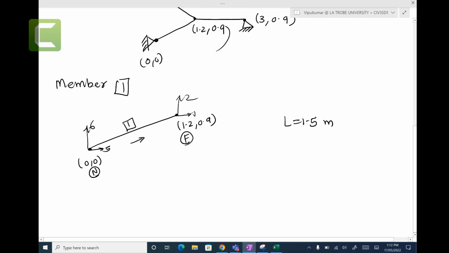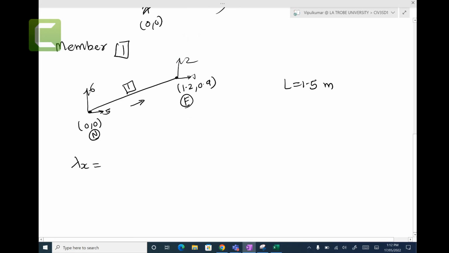All right, so now we have to calculate lambda x and lambda y in those equations. We have near node x, near node y, far node x, far node y. Lambda x is far node x minus near node x over length, which is 1.2 take away 0, over 1.5, which is 0.8.